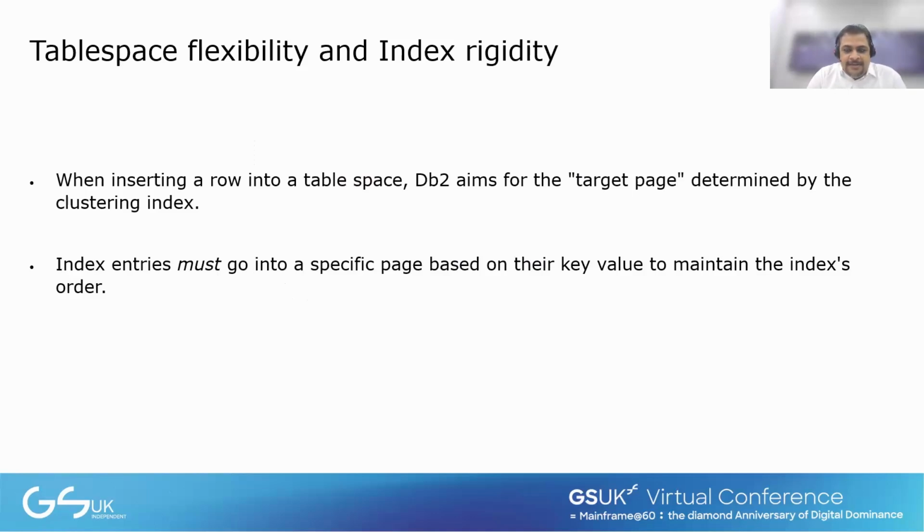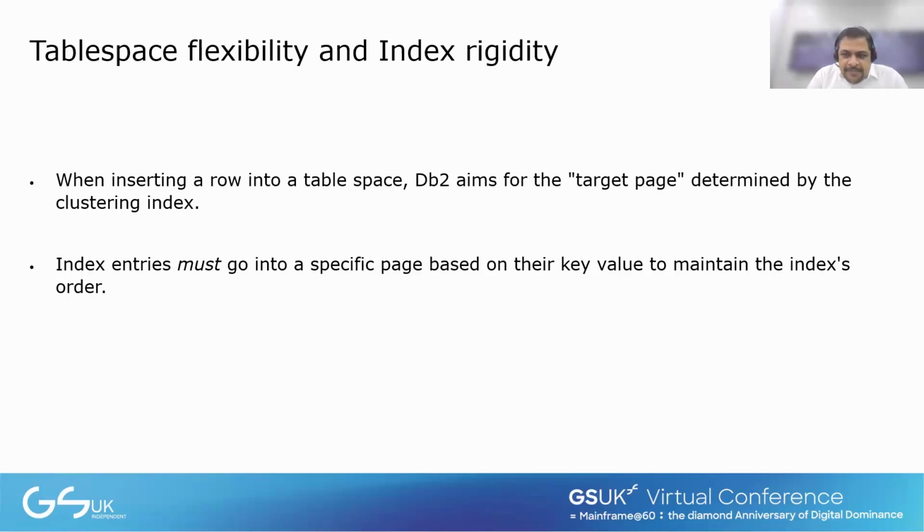It can do heavy inserts, and the reason is that the row to be inserted does not have to go into a particular page of a table space. If the clustering index is there on the table, there will be a target page for that row, and it should be inserted in that order to best maintain the row clustering in the table. So it's very easy for the table to find that row.